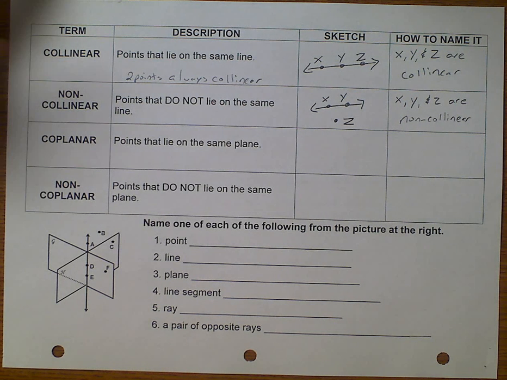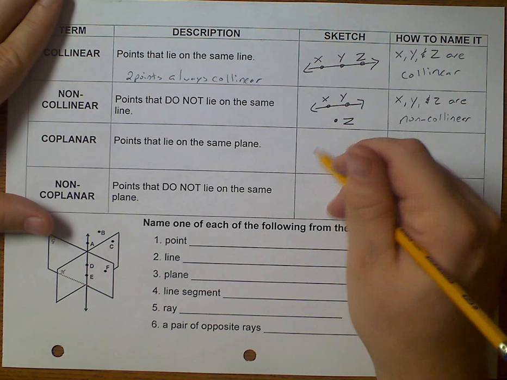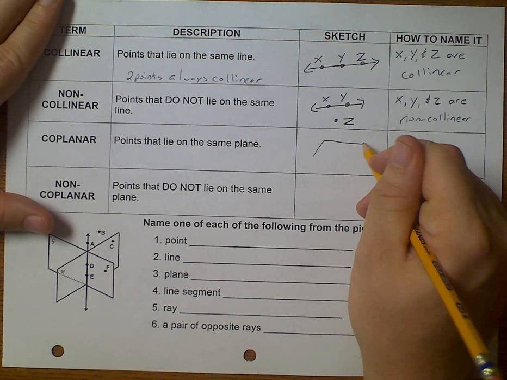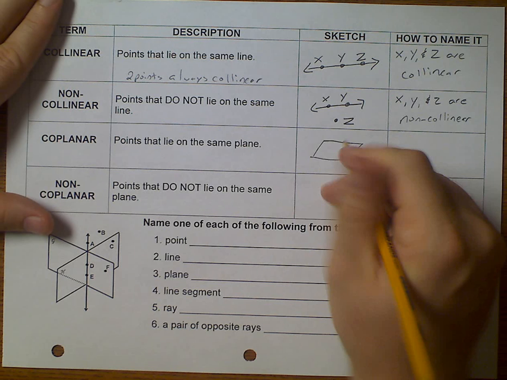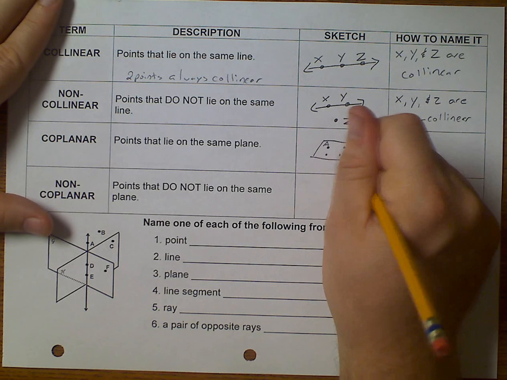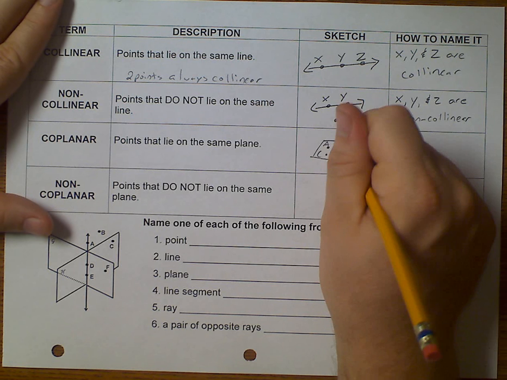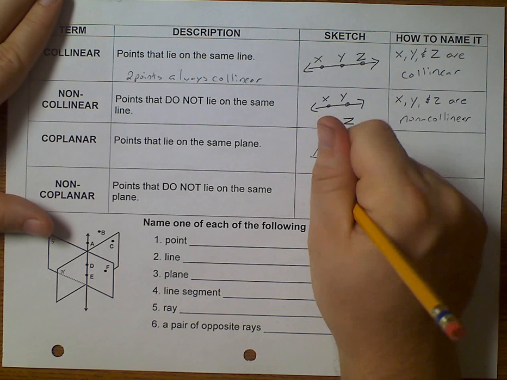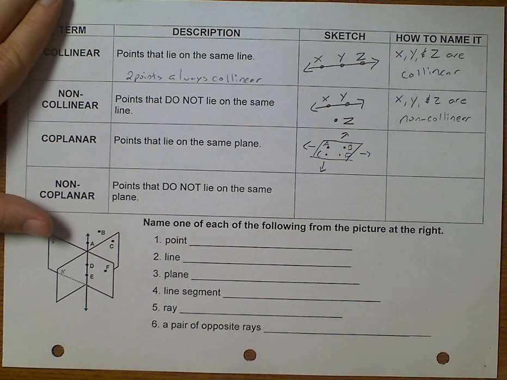Now, coplanar is points that lie on the same plane. A, B, C, and D. We'll make sure our plane goes out in all directions.